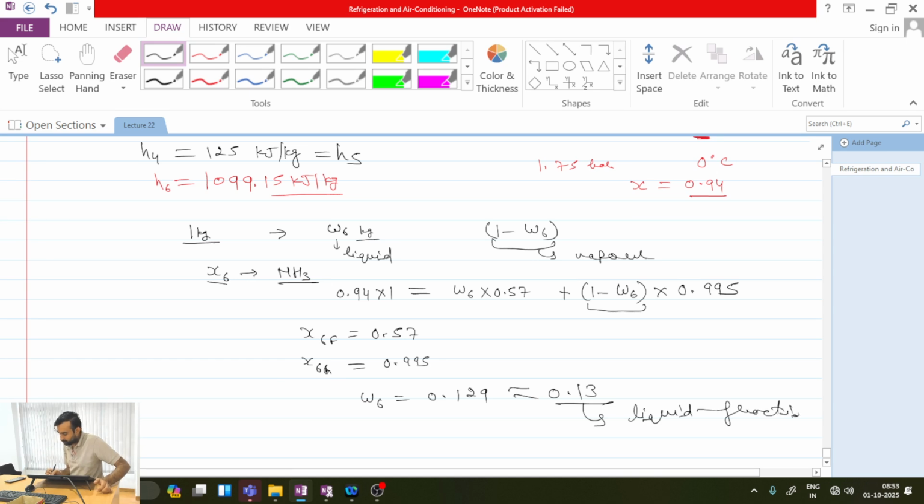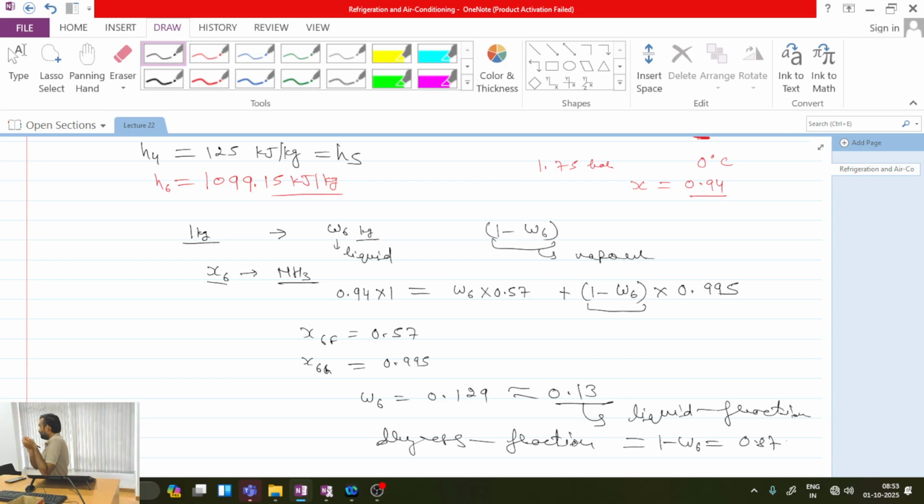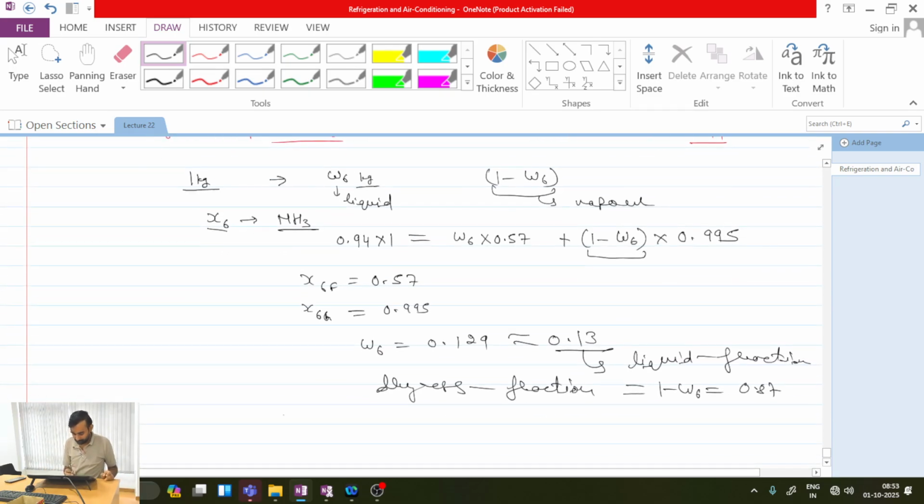If I need to calculate dryness fraction, how much will be dryness fraction? What is dryness fraction? Fraction of vapor, 1 minus W6, 0.87. Once I know the dryness fraction, calculating enthalpy is easy. What is the enthalpy formula? Amount of liquid into enthalpy of liquid.